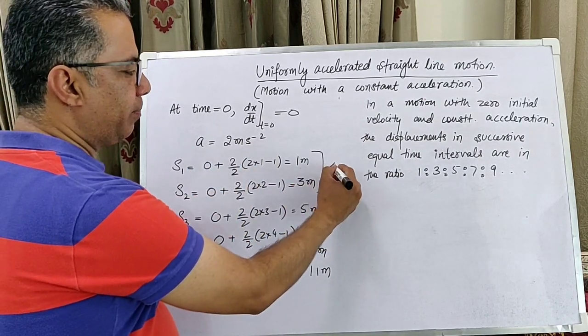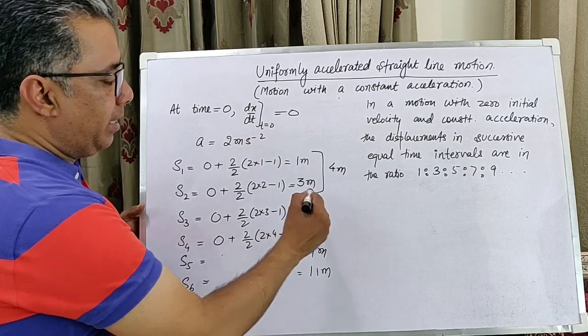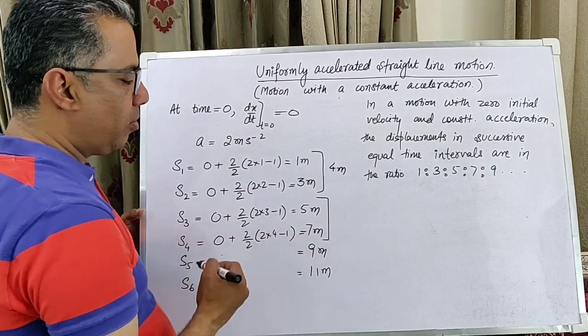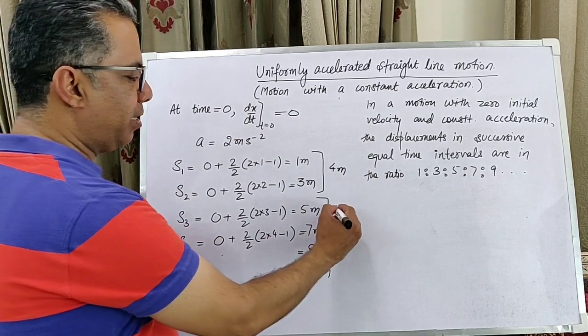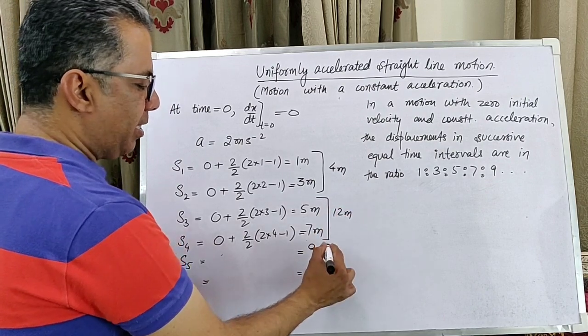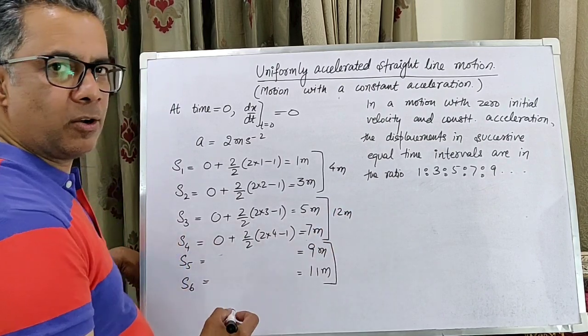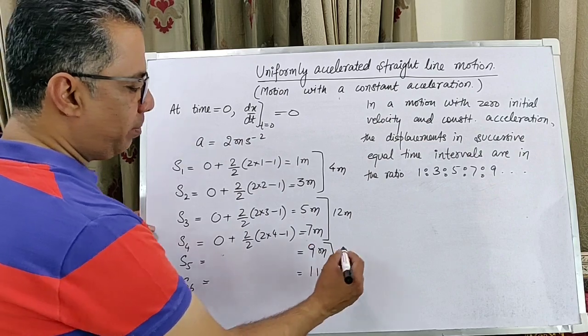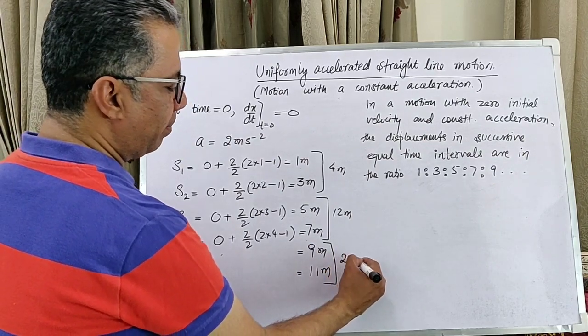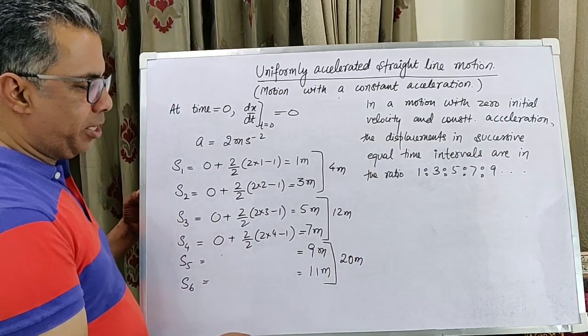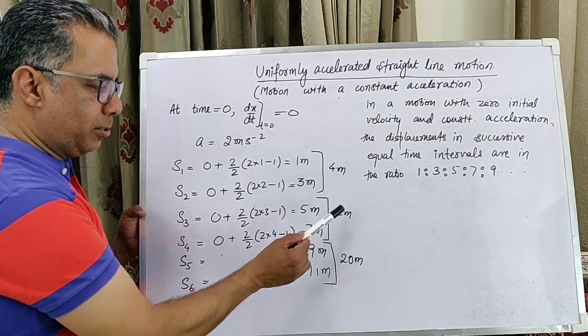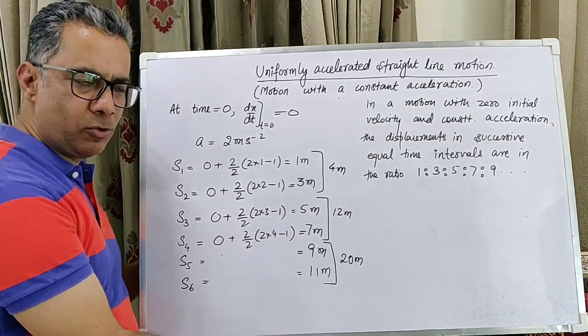Now that is 4 meter. In the next 2 second of the motion, the displacement is 12 meter, and in the next 2 second of motion, the displacement is 20 meter. And what's the ratio again? 1 is to 3 is to 5 and so on and so forth.